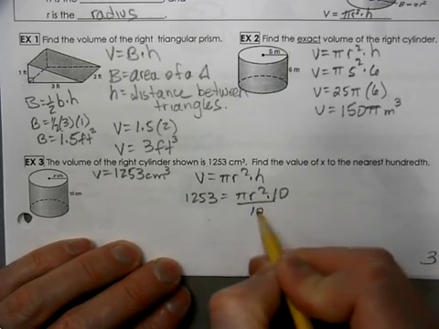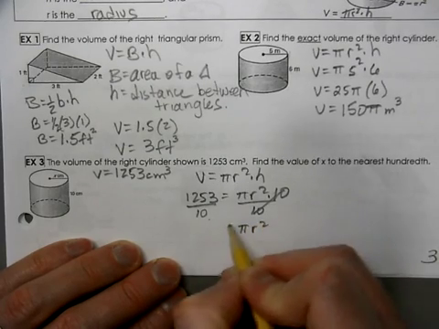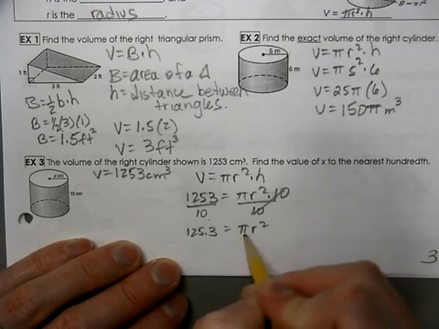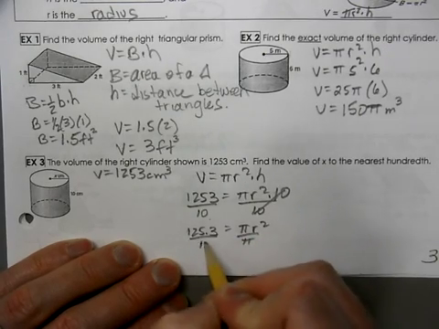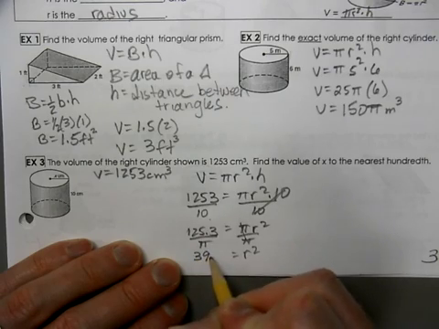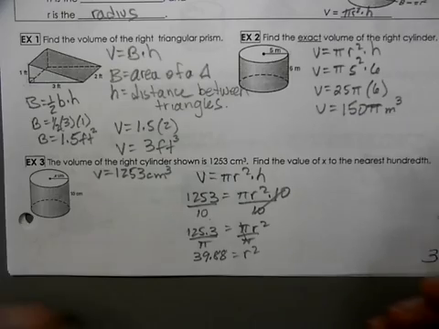So we'll divide by the 10. You could even divide by the 10 pi if you want to do it all at once. Now we'll divide by the pi. So we get 39.88.